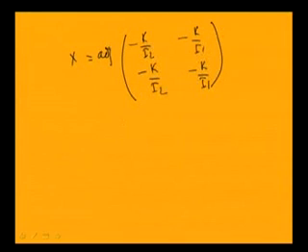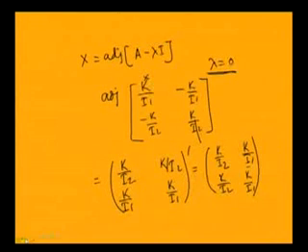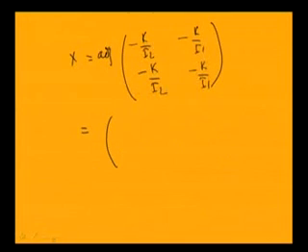So, the cofactor matrix becomes, okay, you just find the cofactor matrix. So, that becomes minus k by I1, and for this position it becomes minus k by I2. So, this becomes plus, and for this position it becomes plus k by I1, and for this position it becomes minus k by I2.